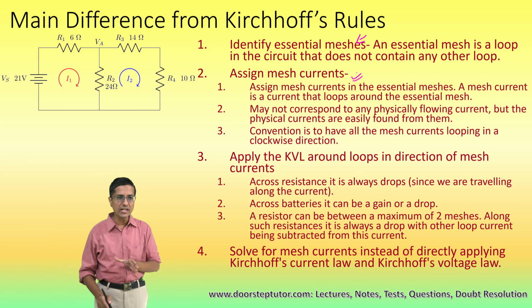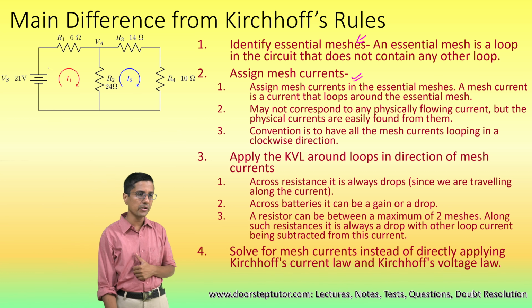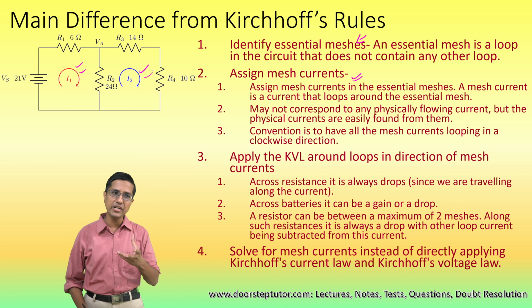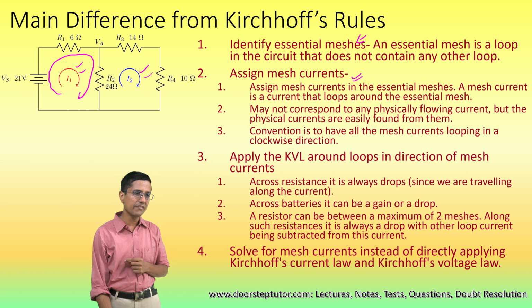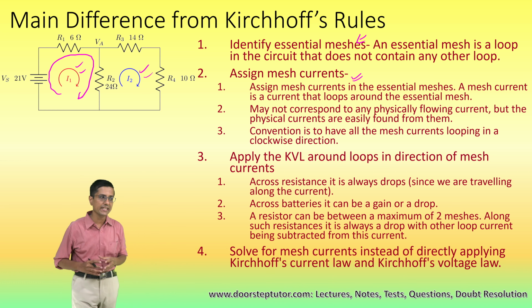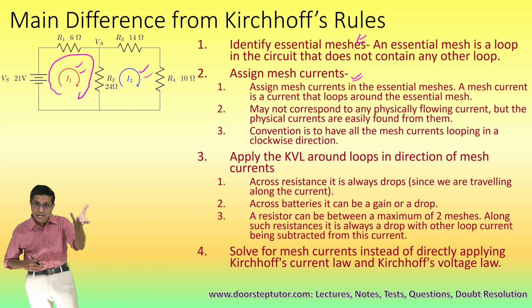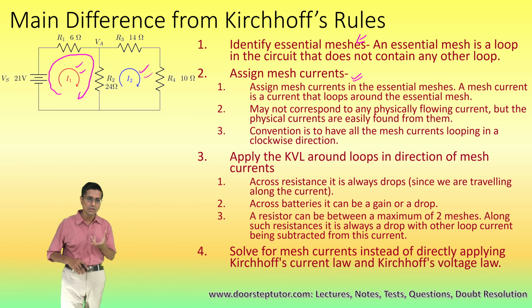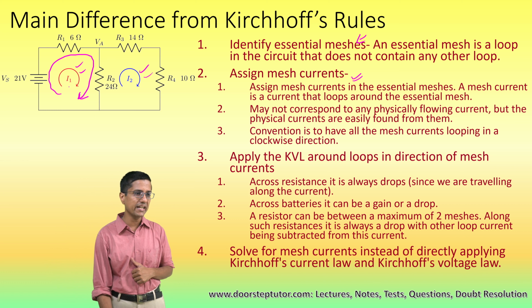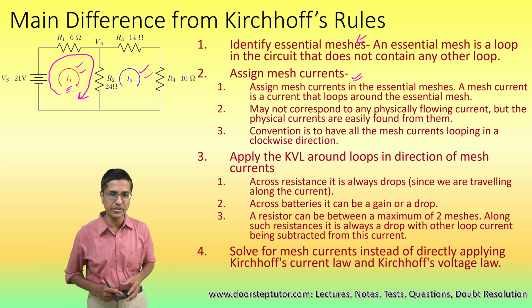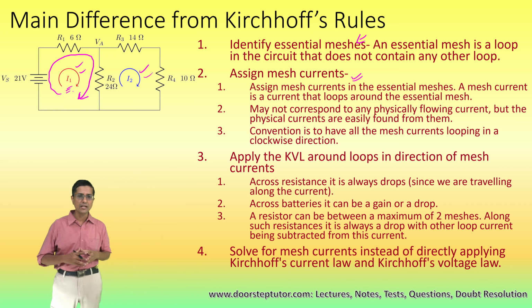Now the convention, as I've already told you, is to assign all the mesh currents in the clockwise direction, and that is also the direction of our analysis when we are traversing the mesh for applying the Kirchhoff loop rule. That is also the direction of our traversal. We are traversing in the direction of the current, which is the clockwise direction.